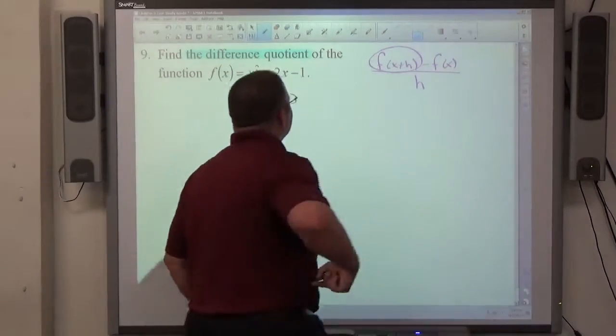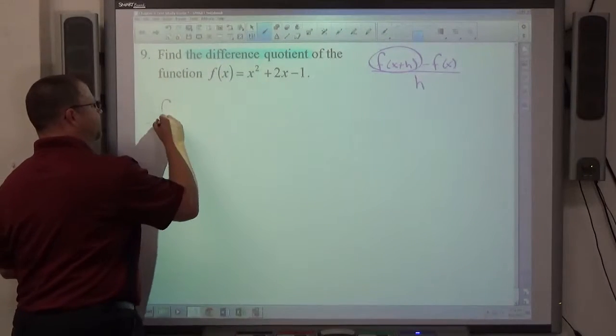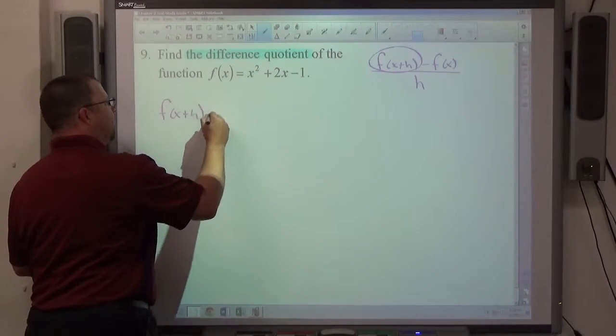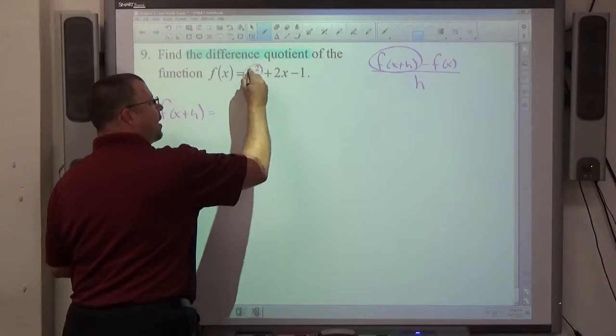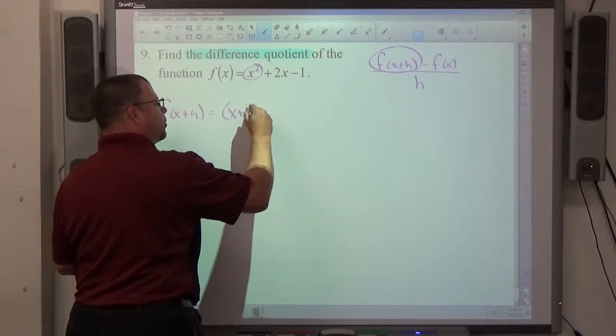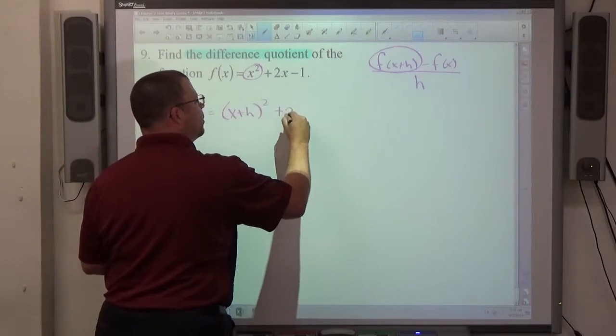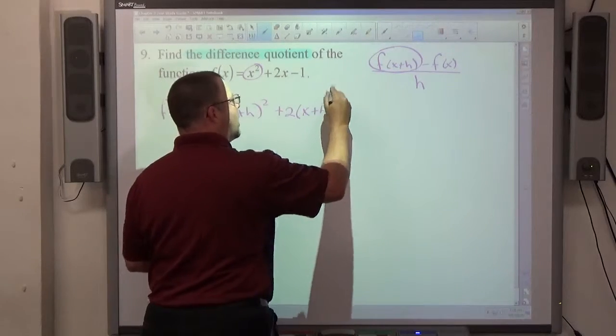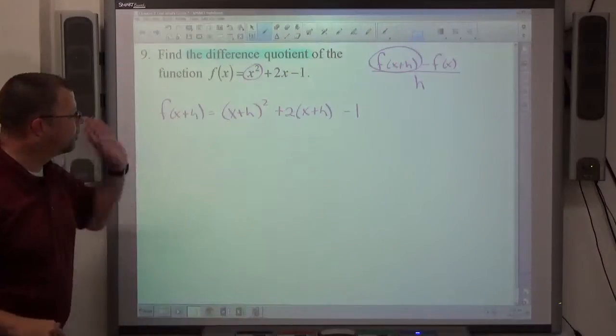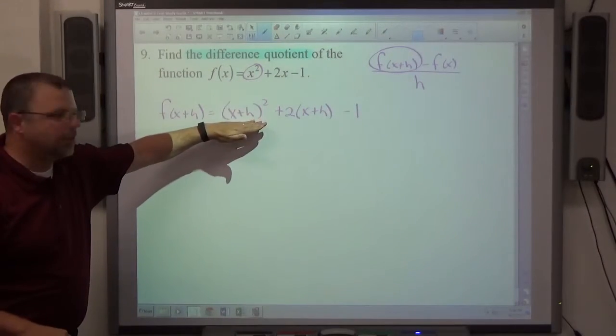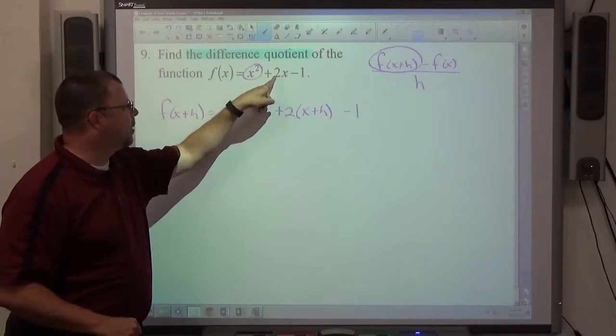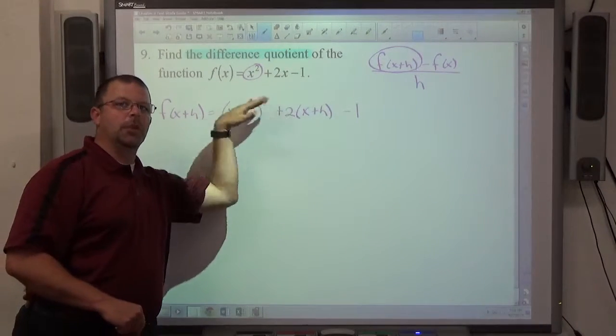So if I start with f of x plus h, it's going to be, instead of x squared, it's going to be x plus h squared. Instead of 2x, it's going to be 2 times x plus h, and minus 1 stays minus 1. So x is squared, x plus h in parentheses squared. X is being multiplied by 2, x plus h in parentheses being multiplied by 2.